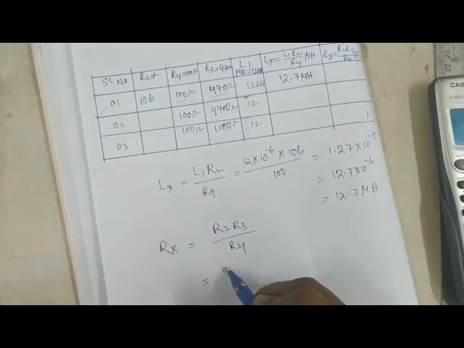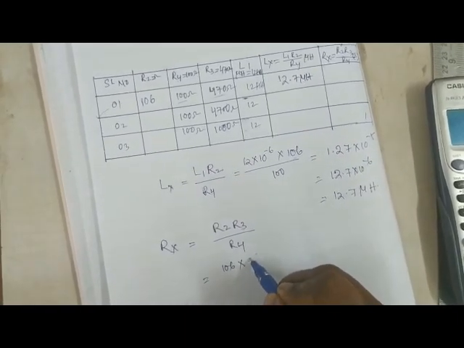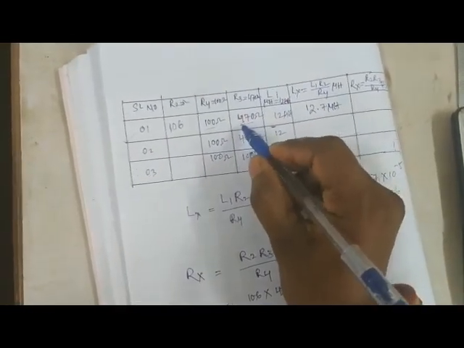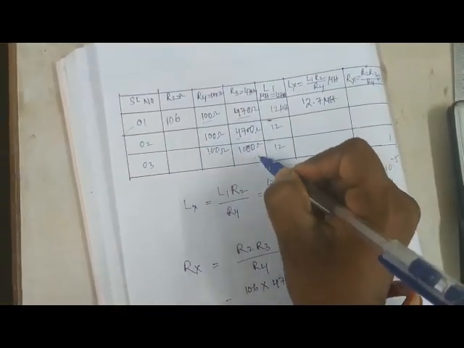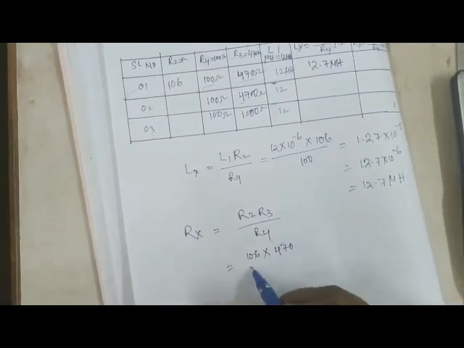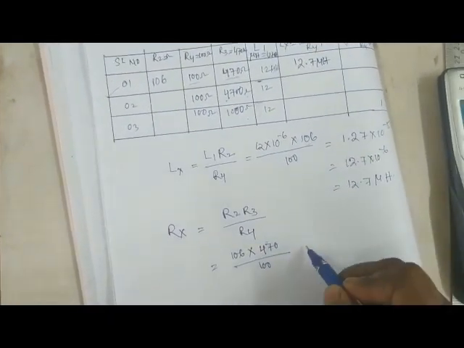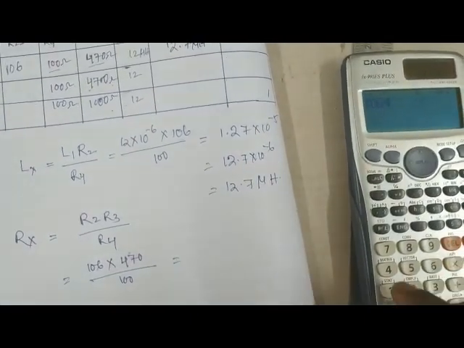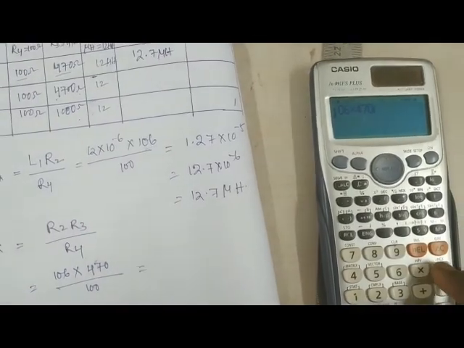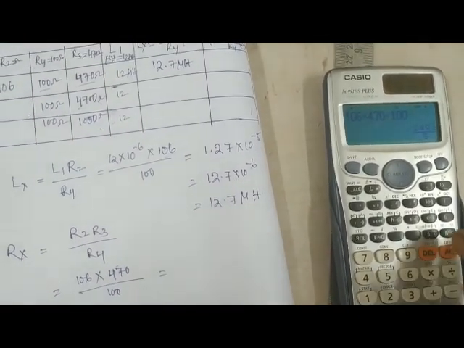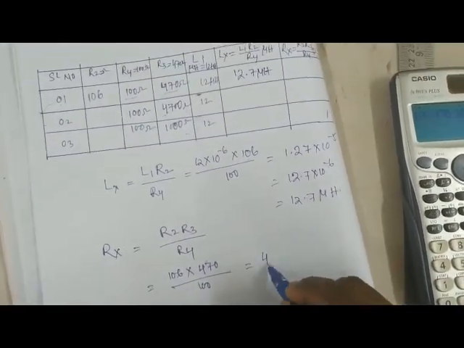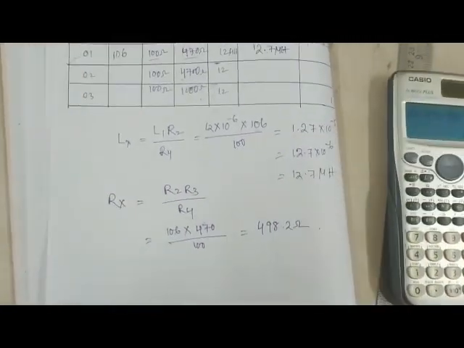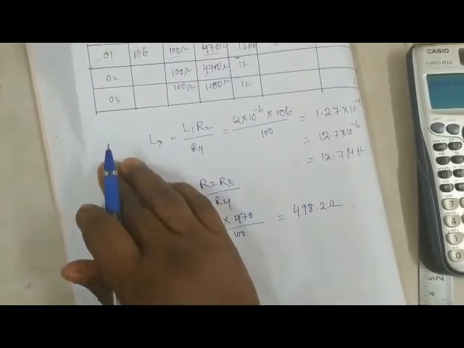R2 is 106, R3 is 470, this one fixed, R31, R32, R33, divided by R4 100. So we have to calculate 106 into 470 divided by 100, which equals 498.2 ohm. So this is the calculation part.